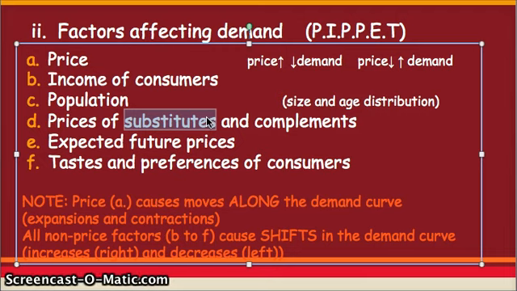I'm going to buy a TV, I have a choice between a Sanyo and a Sony, or, let's not forget LG. Complements are things that have to be purchased together. So I'm buying, let's say, a DVD player. I'm also going to need DVDs. I'm not going to just buy DVDs if I do not have a DVD player.